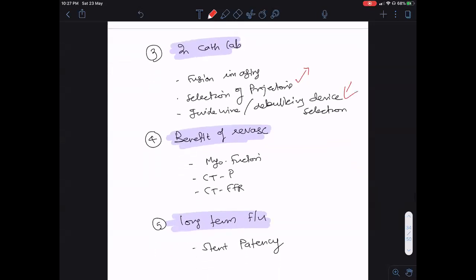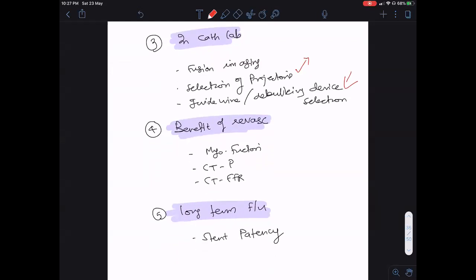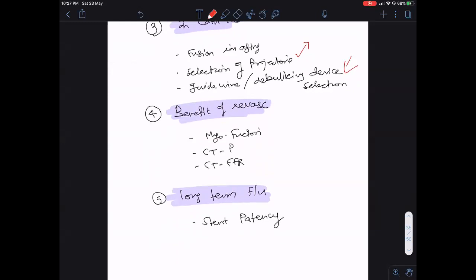CT can also help in pre-procedure assessment, such as what kind of guidewire we need and what kind of debulking device we probably have to take. Post revascularization, we can do things like CT perfusion and CT FFR to find out if we have properly done it, but this is a stretch because you can just do an FFR post procedure if you really want to.